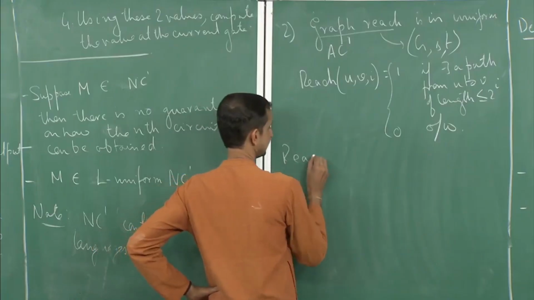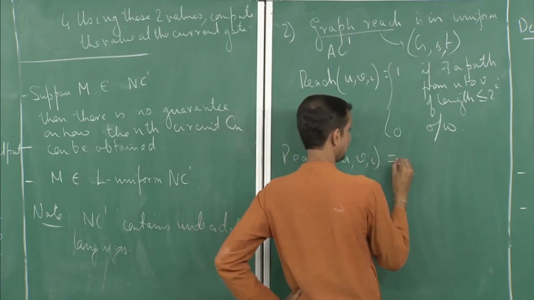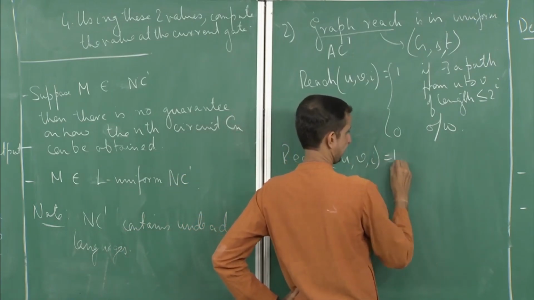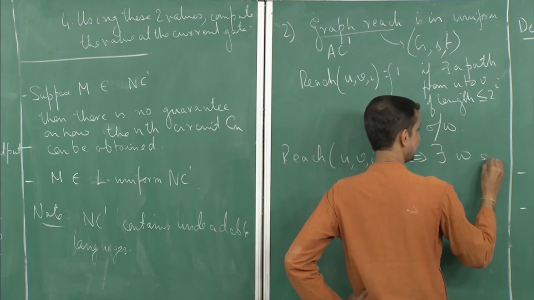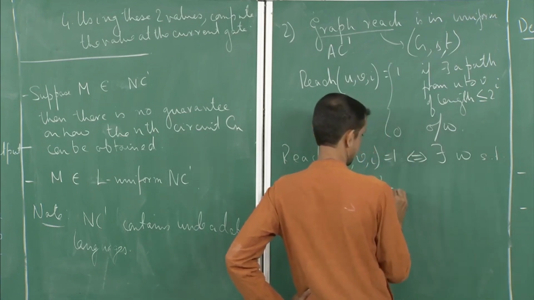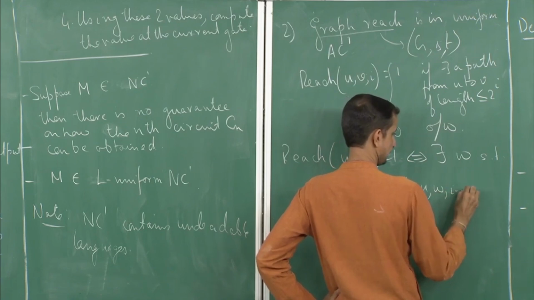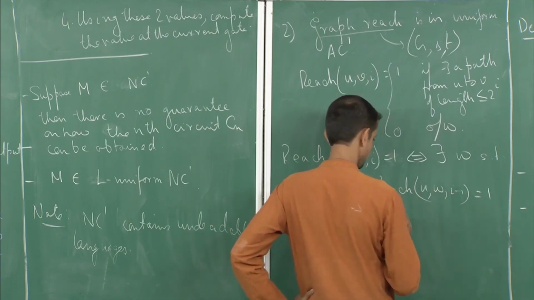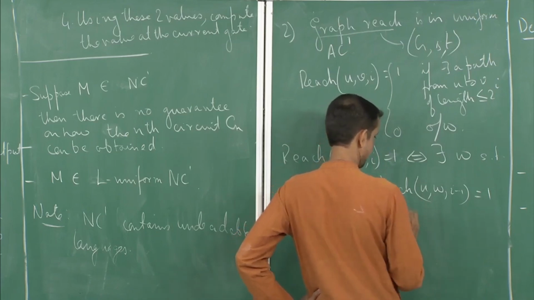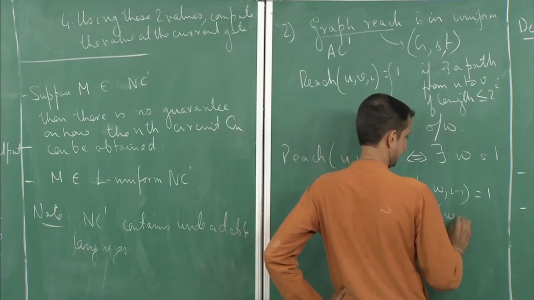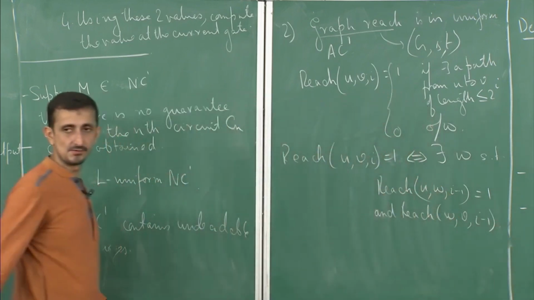So reach U V I is true if and only if there exists a vertex W such that reach U W I minus 1 is true and reach W V I minus 1 is true.